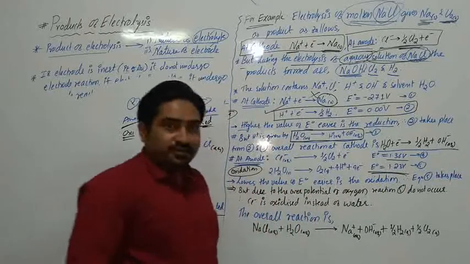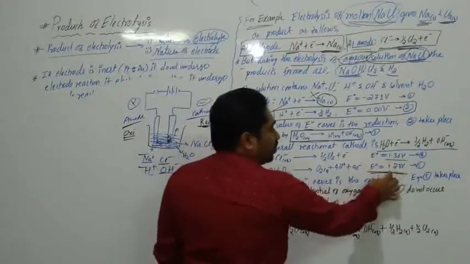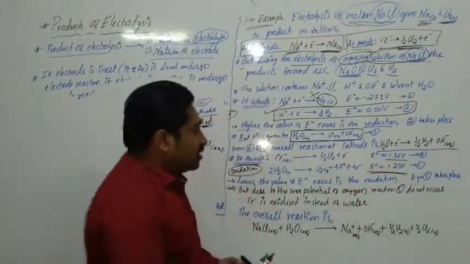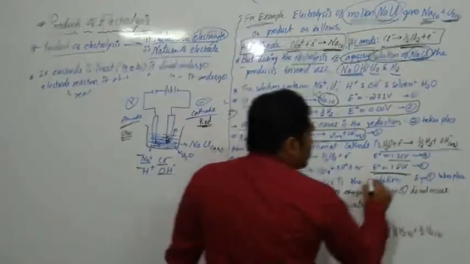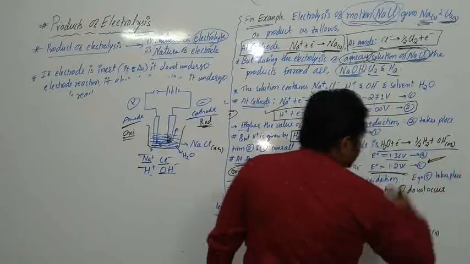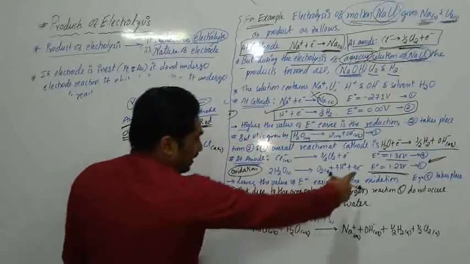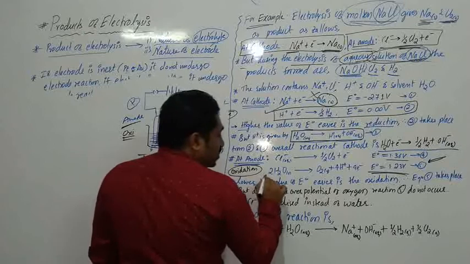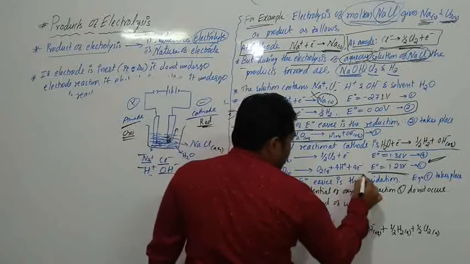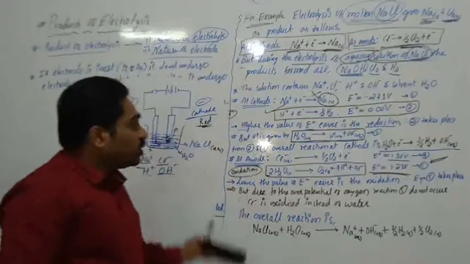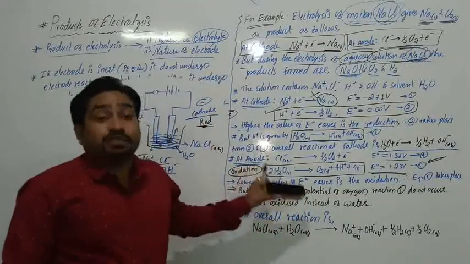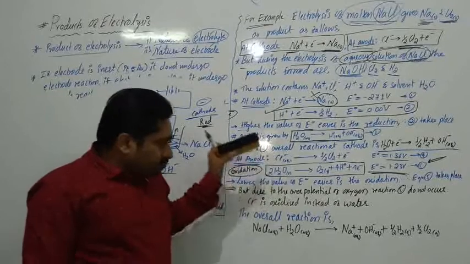Which one is higher? 1.36 is higher, 1.23 is lower. Means at the surface of the anode, this reaction must take place. Which reaction? Reaction 5, means water should undergo oxidation. So this is theoretically expected.